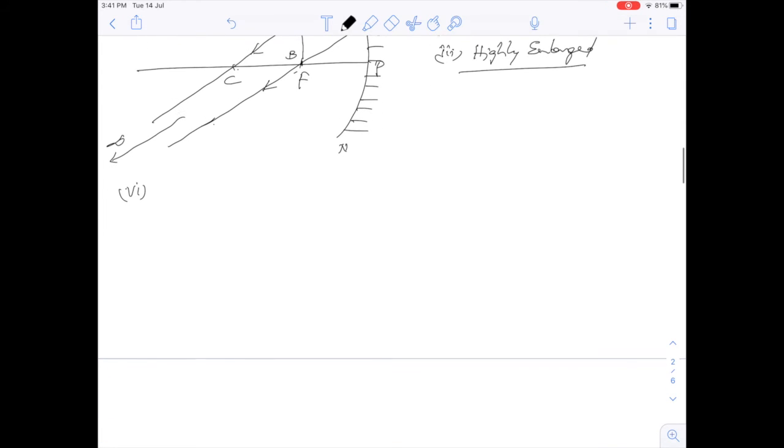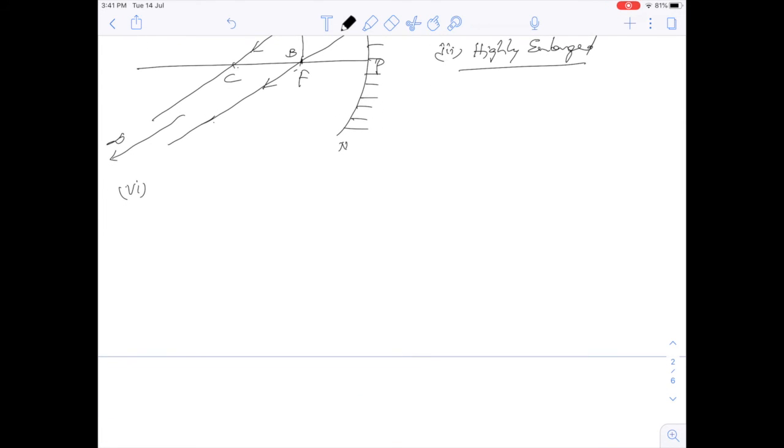Now let us look at the last case. The last case is when the object is between, now we moved up to the focus, so beyond the focus, that is between F and P. So now let us see. I have the concave mirror.